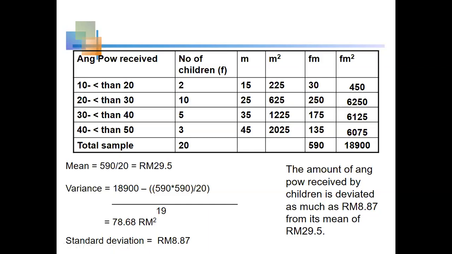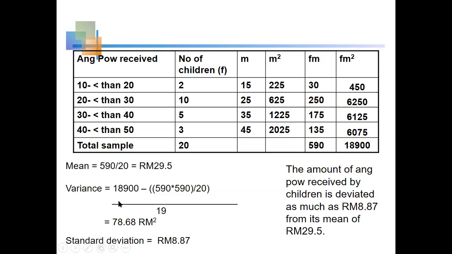For variance, variance is without square root. Look, there is no square root. So the formula is sum of fm square, the last column, 18,900, minus the sum of fm in brackets squared, so that is 590 times 590, divided by n.